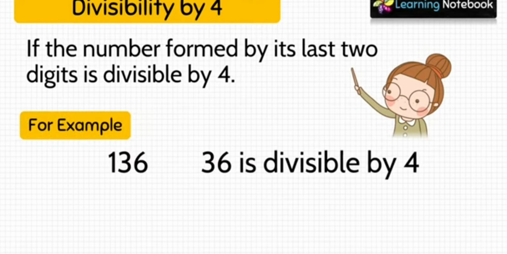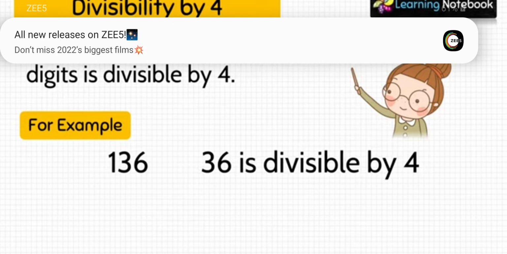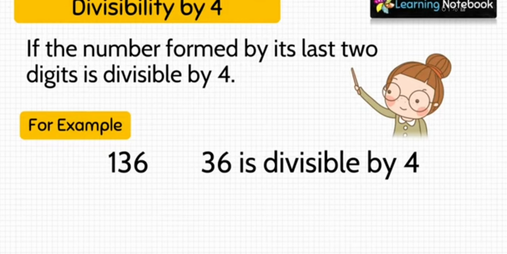So, to check if 136 is divisible by 4, we will check if the last two digits, that is 36, are divisible by 4 or not. Yes, we know 36 is completely divisible by 4. Therefore, 136 is divisible by 4.